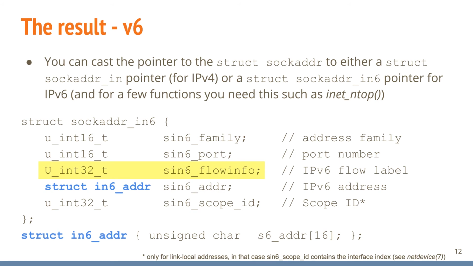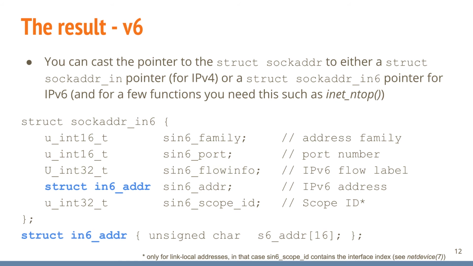The flow label is a number that routers use to tell which packets belong to a flow of packets. That primarily is all packets that are part of the same TCP connection, because TCP reacts sensitively to packet reordering, and the network tries to treat these packets in a way that they do not arrive out of order at the other end.